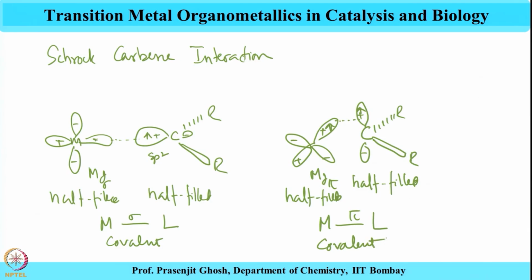So, what is interesting here is that both metal carbene moieties look like they have a metal carbon double bond, a sigma bond and a pi bond. However, the nature of bonding in Schrock carbene and Fischer carbene are completely different, which results in different kinds of reactivity between these carbene complexes.